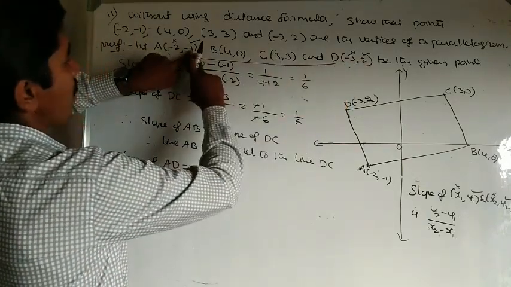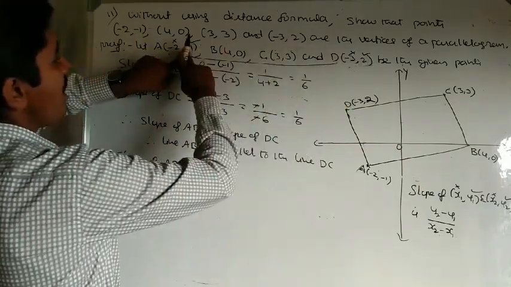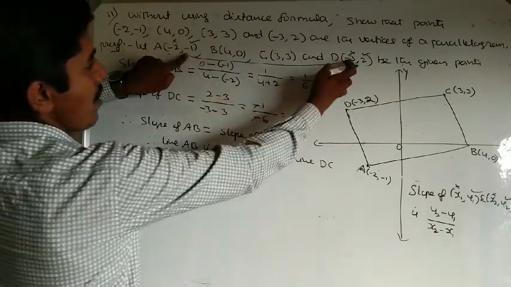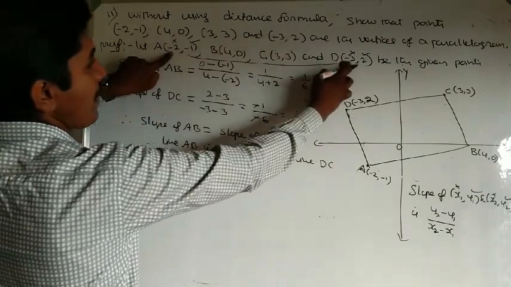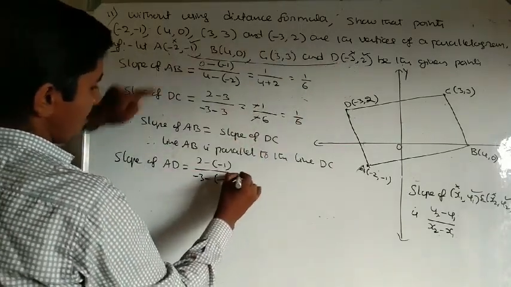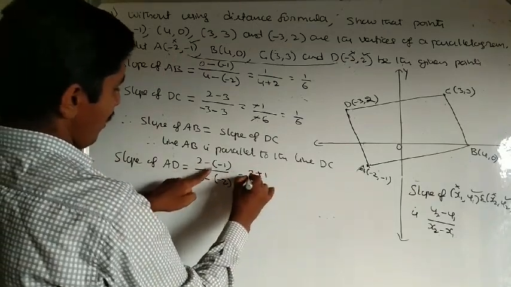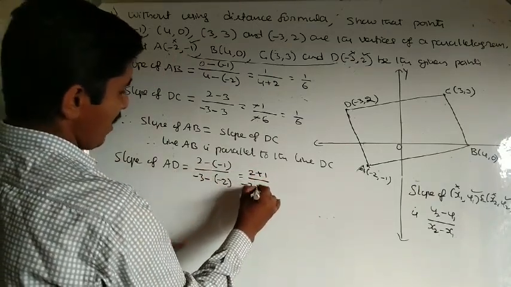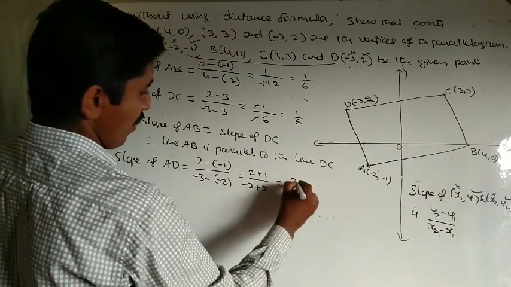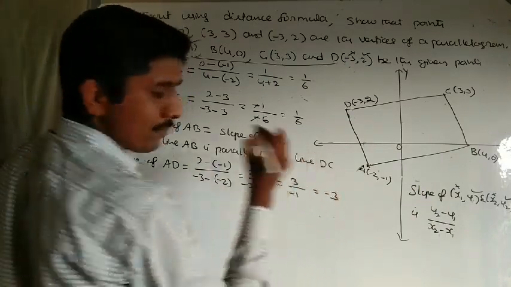Y coordinate difference: 2 minus (minus 1), divided by x coordinate difference: minus 3 minus (minus 2). That is 2 plus 1, 3, divided by minus 3 plus 2, minus 1. So 3 by minus 1, that is minus 3.